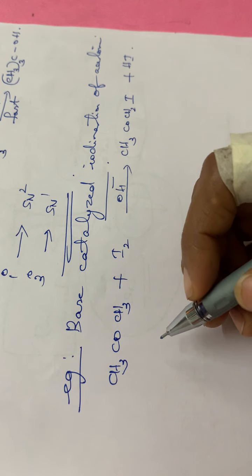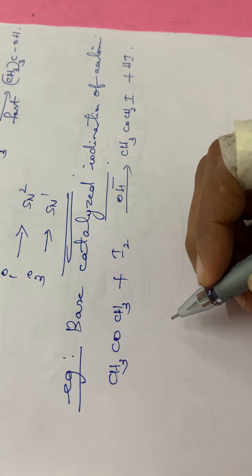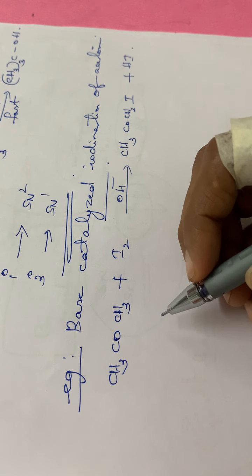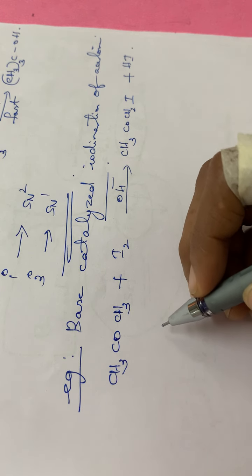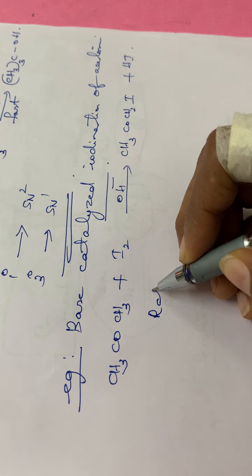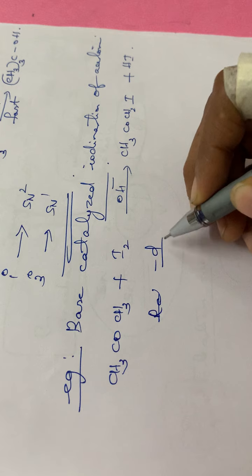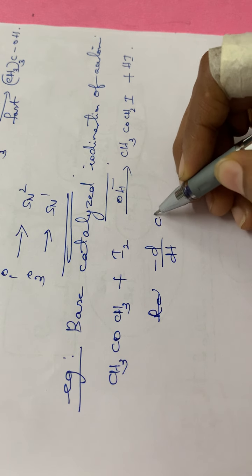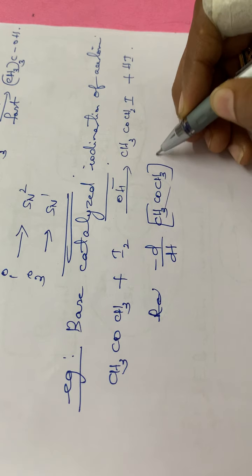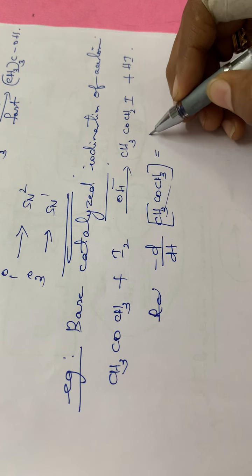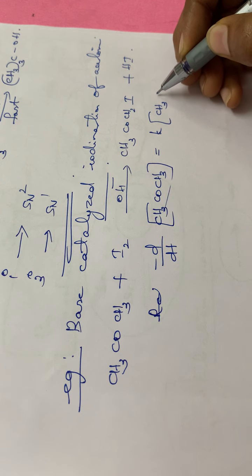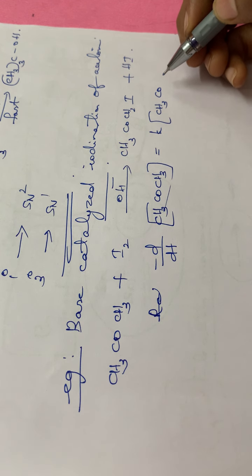So here, while writing the reaction rate expression, the rate is equal to minus d by dt of CH3COCH3, which will be equal to K into the concentration of CH3COCH3.